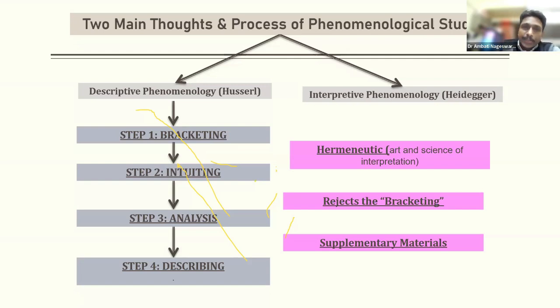They'll start interpreting the findings based on their analytical understanding of the concept. In order to understand the concept, they'll also look at the existing research work. They'll also discuss with various experts, various peer group members. Accordingly, they'll come up with the final report of their phenomenological research work.